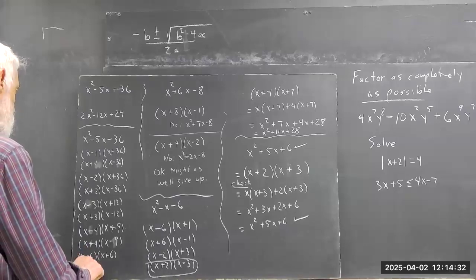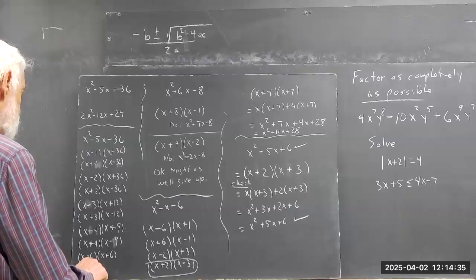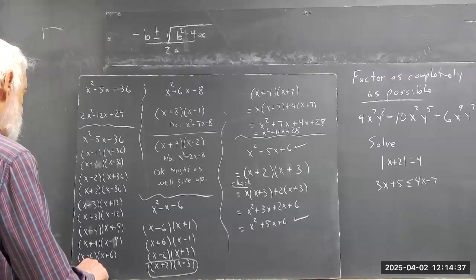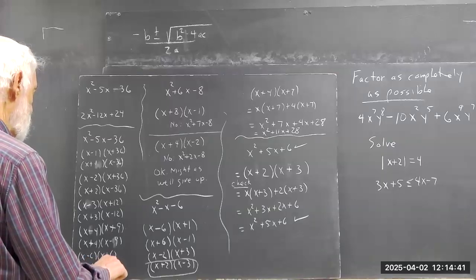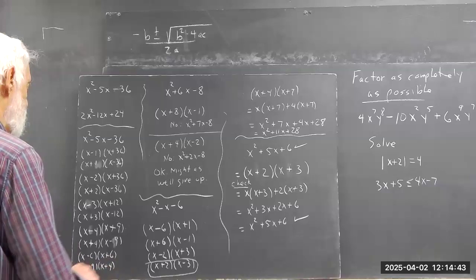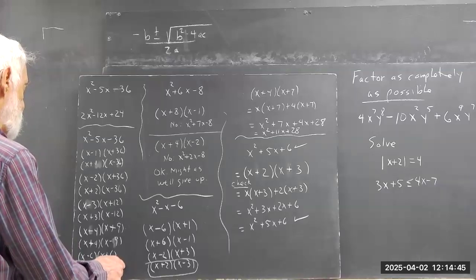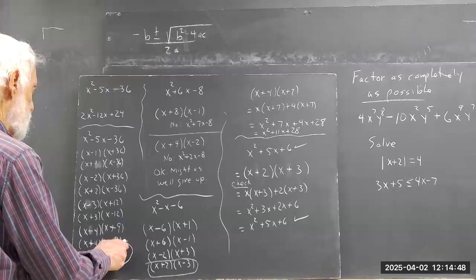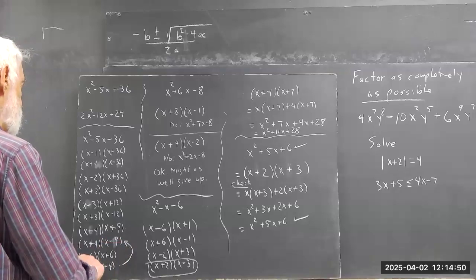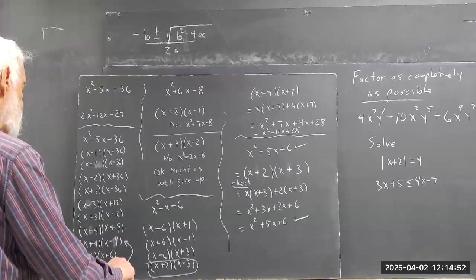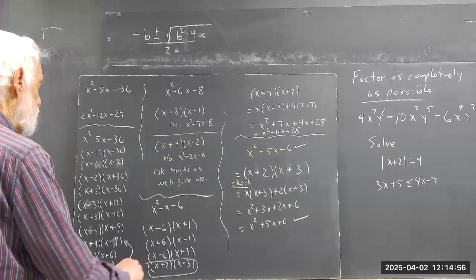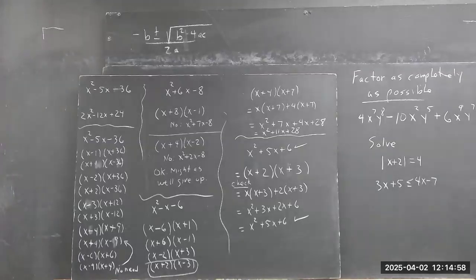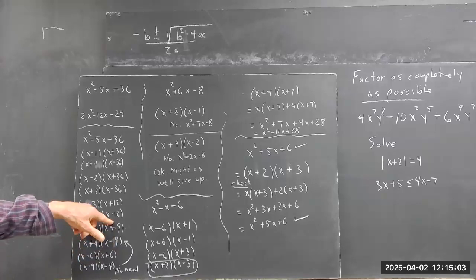But yeah, we could say, okay, well, let's try the next number, x minus 9 times x plus 4. But we already did that. Already done here, so we don't need to do it again.